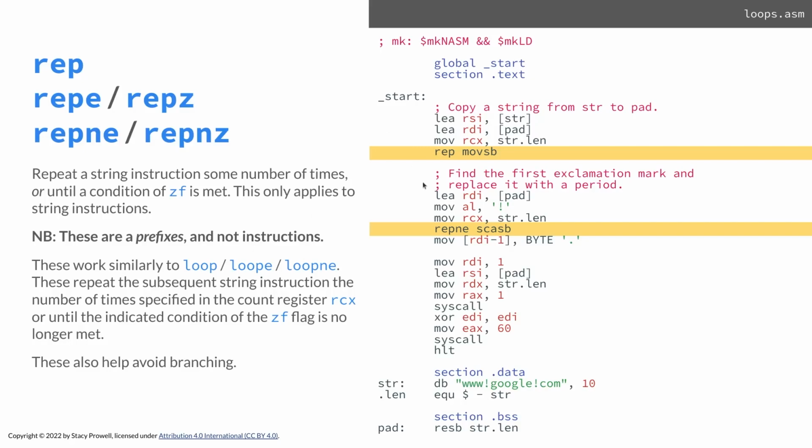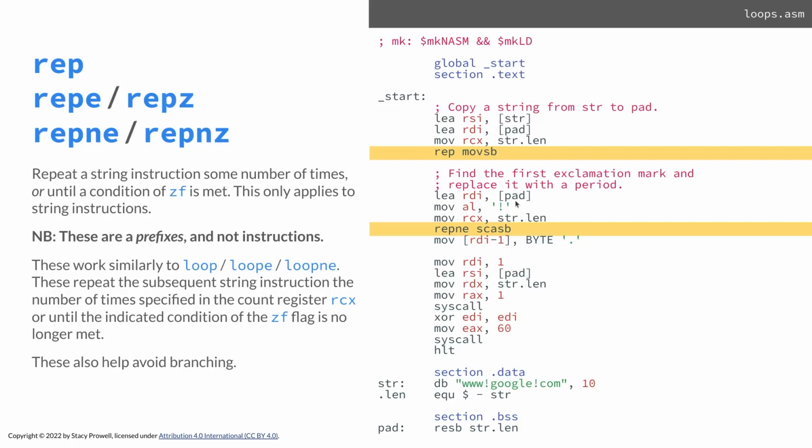These are implicit loops. So here I put the address of str in RSI, the address of pad in RDI. I load the string length into RCX, and then I say movsb. This copies the entire string from here to here, and it does it all with this one instruction.